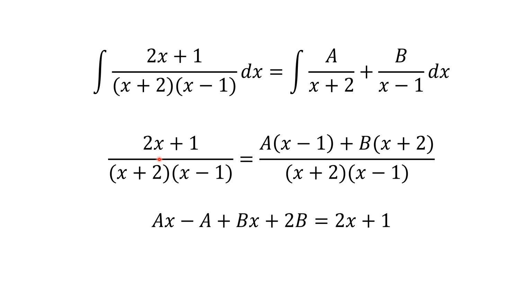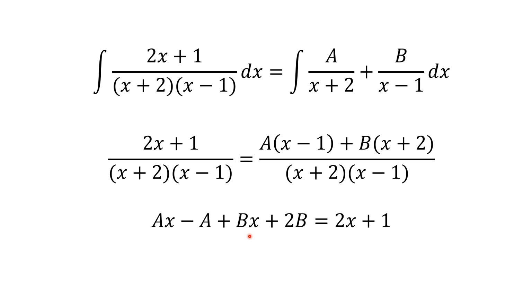So let's look at the x terms. 2x, Ax, and Bx. Well, what I have is Ax minus A plus Bx plus 2B. So Ax minus A plus Bx plus 2B equals 2x plus 1.